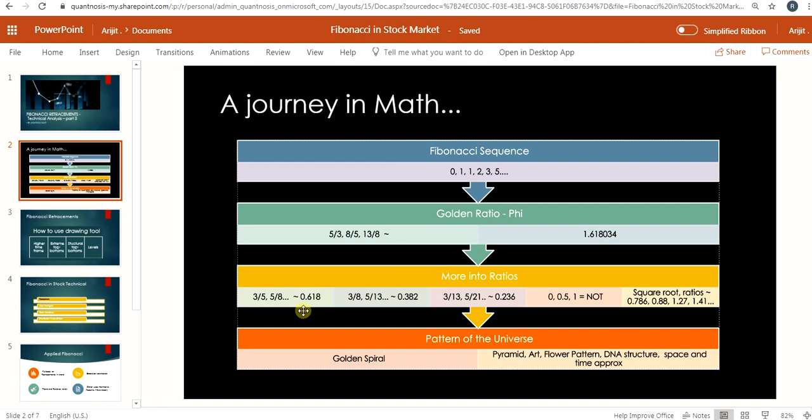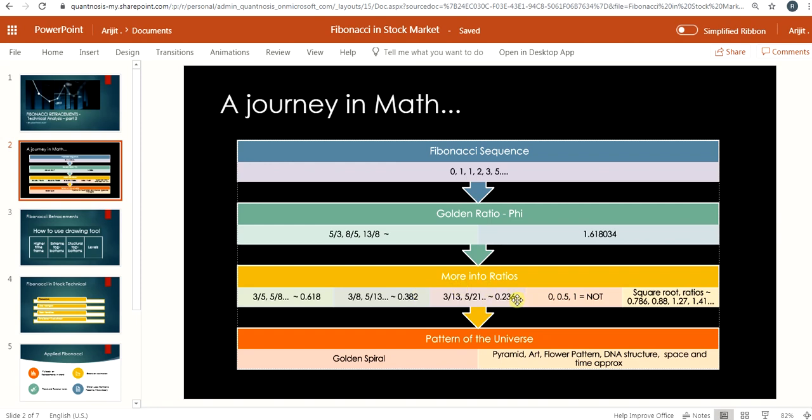If you calculate a ratio by skipping one number in the middle, so with 2, 3, 5 we calculate 2 by 5, or 3 by 8, or 5 by 13, then we get a number called 0.382. This is another unique ratio.